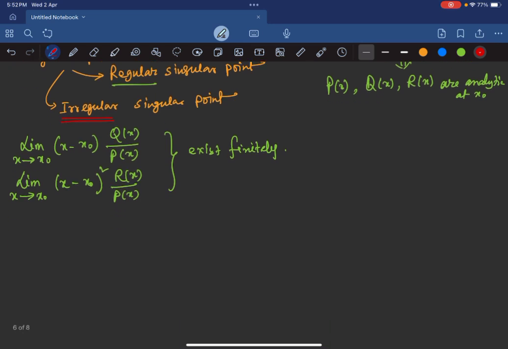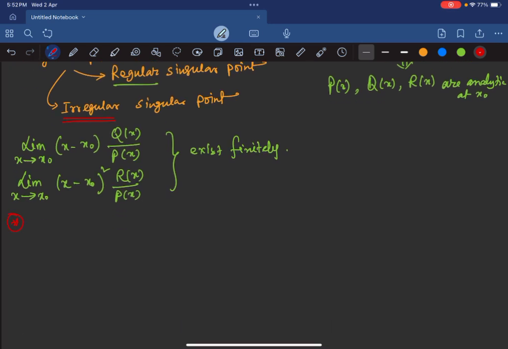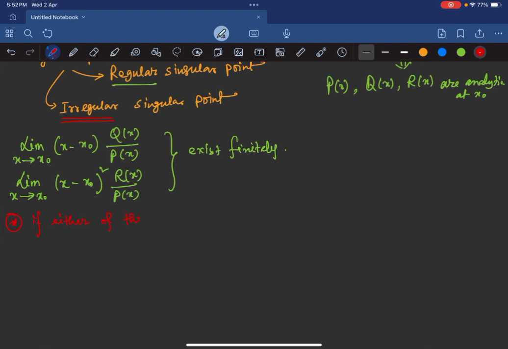That means for an irregular singular point, if either of these two limits fails to exist or gives an infinite value, then immediately we have an irregular singular point. So this is the idea.